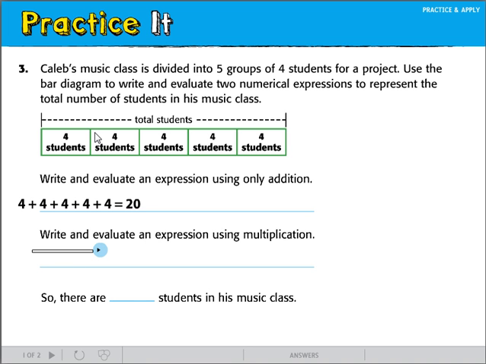So, how many groups of 4 do I have? 5. So, if I go 5 times 4 equals, what do I get? 20. 20. So, there are 20 students in this music class.